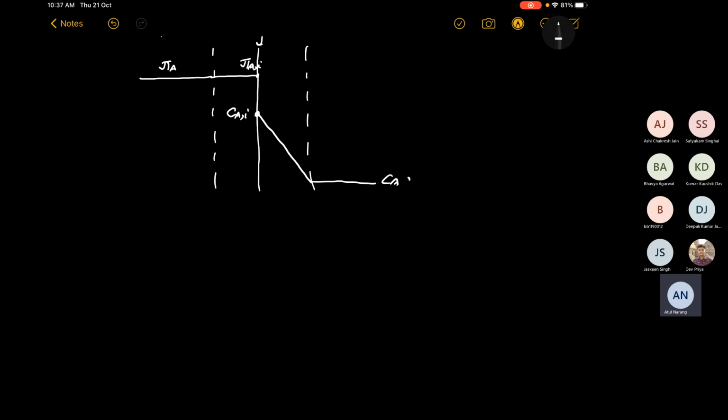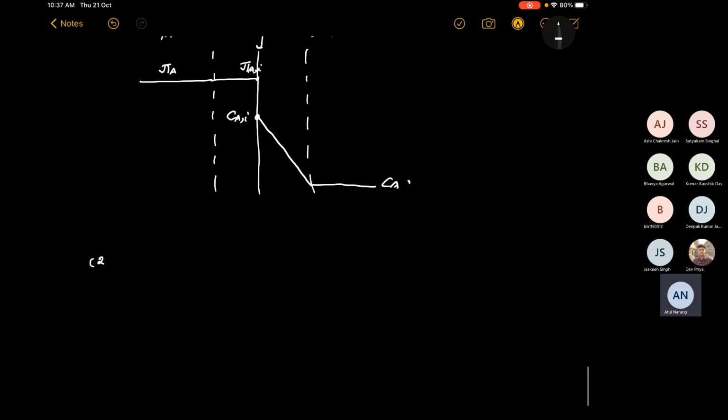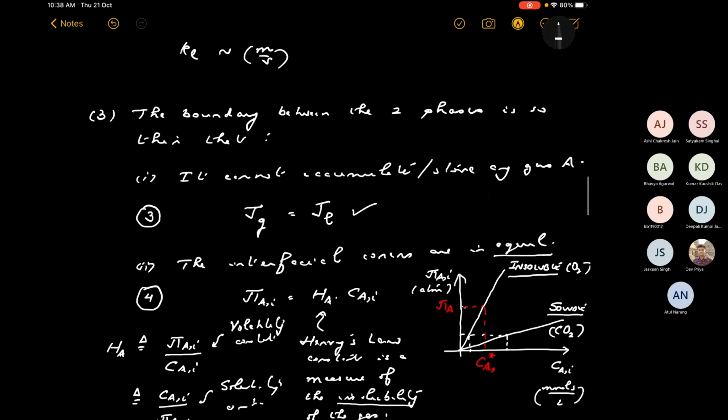On the contrary, the second case is if the gas is highly soluble, as was the case for CO2, which had a Henry's law constant, HCO2 was equal to, was it 7?